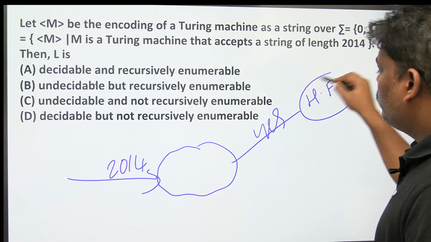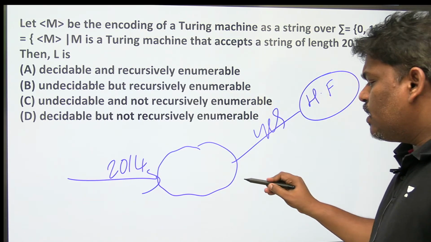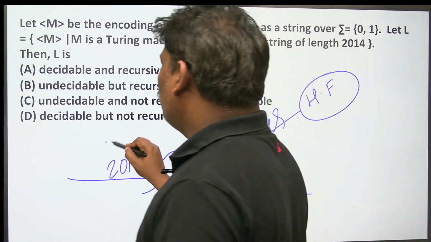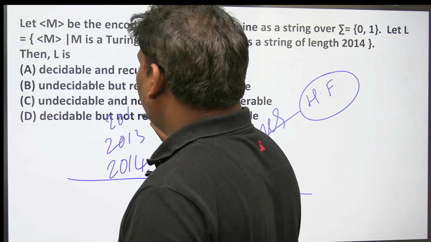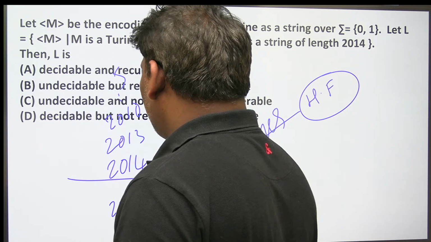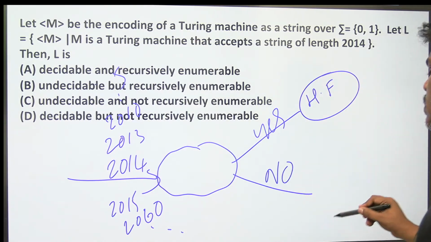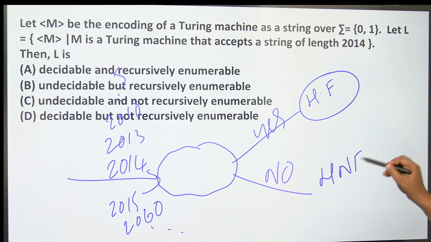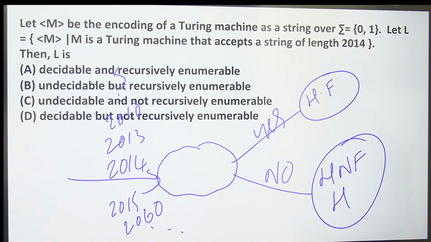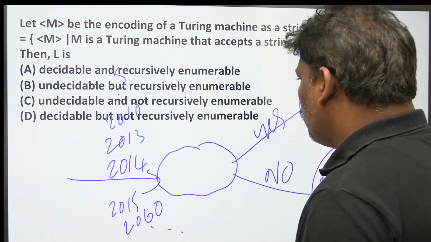If you give other than 2014, like 2013, 2010, 5, 2015, 2060, something like that, that is invalid, so it will go to halt non-final or it will hang. So there is a chance of hanging also.